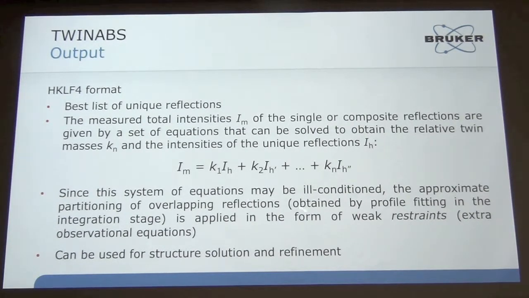You can solve these using the partition information from SAINT as a restraint to keep it more well behaved. Basically you detwin the data and get intensities matching a unique set for each domain. What's nice about this is that you can do both structure solution and refinement from this.